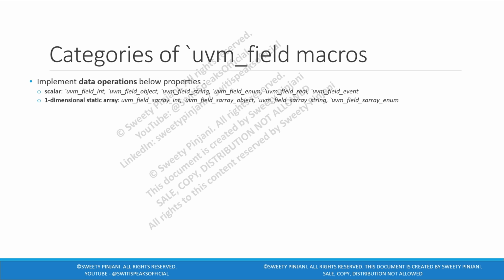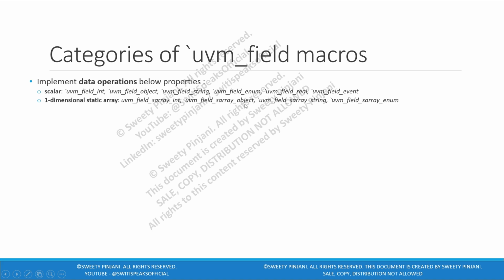For example, if you want to implement the data operations for a one-dimensional static array of integrals, then you will use UVM field array int. If you want to implement the data operations for a one-dimensional static array of UVM objects, then you will use UVM field array object.